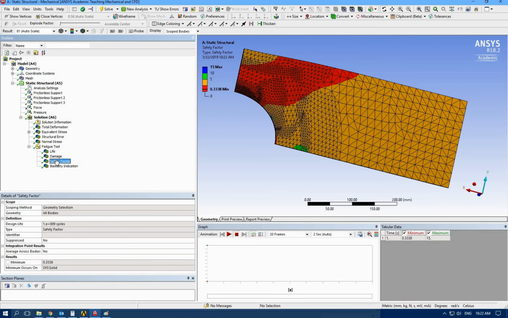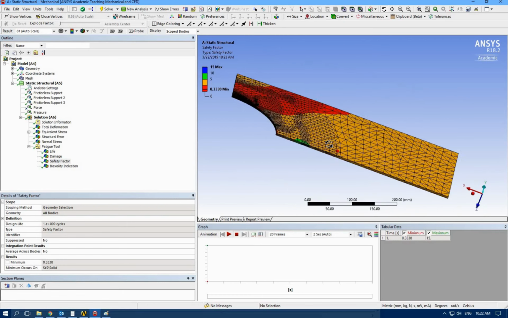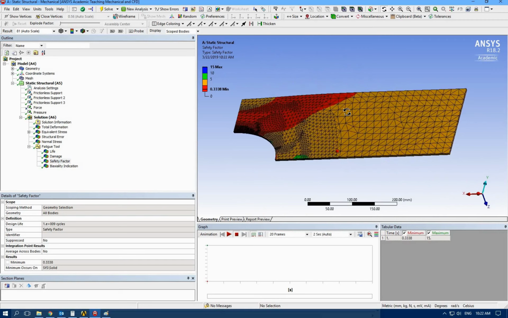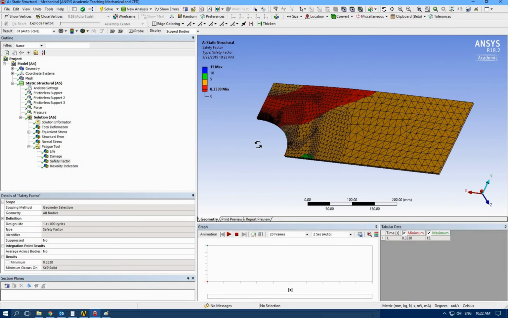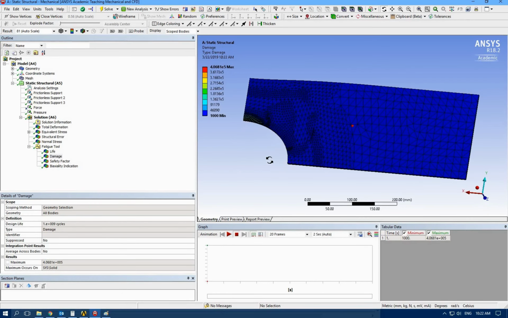What else can we see? For this area, we have about safety factor of 5, for the green area 10, and the blue areas are going to have a maximum safety factor of 15. Usually ANSYS won't go above 15. Let's see damage.